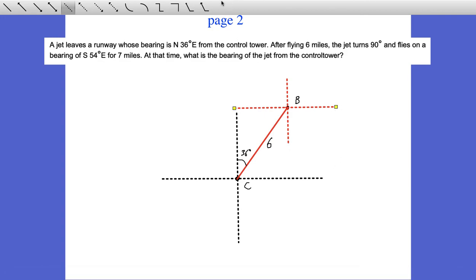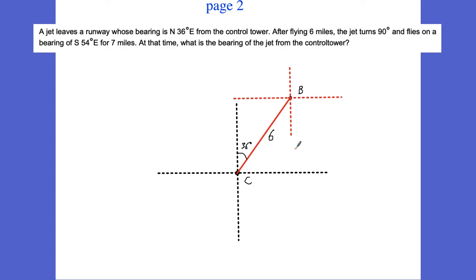And now we know it's a turn 90 degrees east, so it's south 54 degrees east. So it's a 90-degree turn. So we know this is a right angle because it says it was a 90-degree turn, right? So that's a right angle. And it goes 7 miles, so a little farther than before. 7 miles.